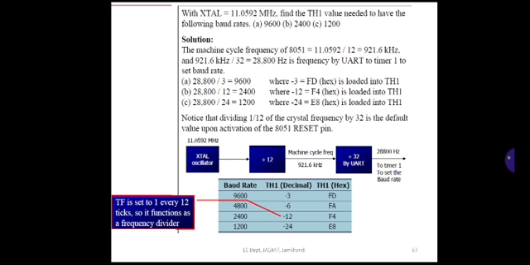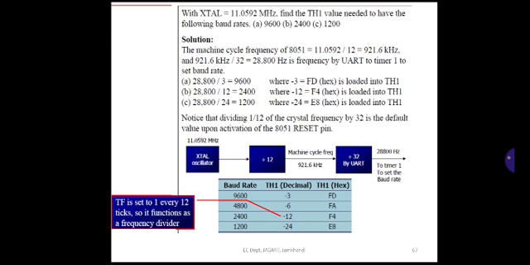When timer 1 is used to set the baud rate, it must be programmed in mode 2, that is 8-bit auto reload. The example given here: with XTAL 11.0592 megahertz, find the TH1 value needed to have the following baud rates: 9600, 2400 and 1200.